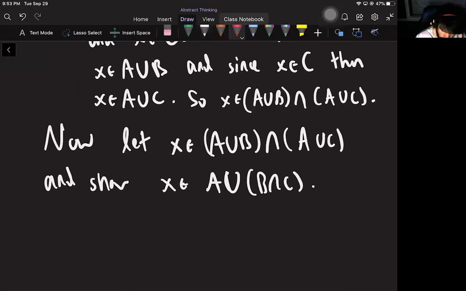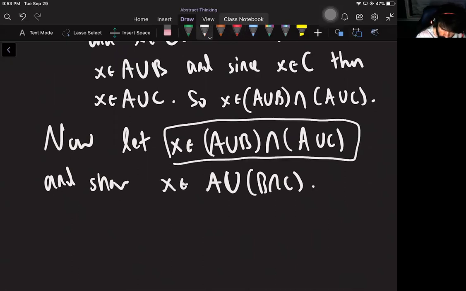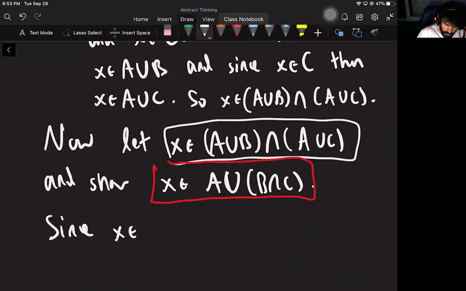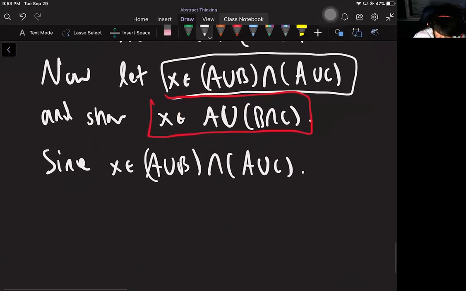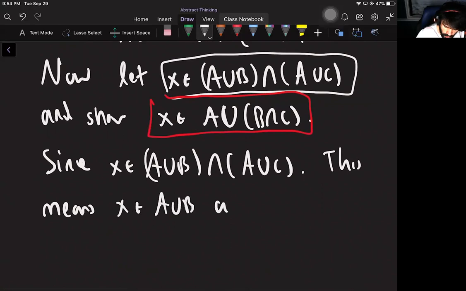We're just going to expand upon what it means for X to be in a set, and then we're going to get somehow to showing that x is in here. Okay, so since x is in this thing, what can I say? I'm not doing any fancy tricks, I'm just saying what happens. Well, it's in an intersection, right? So that means it's in both. So it's in this guy, and it's also in this guy.